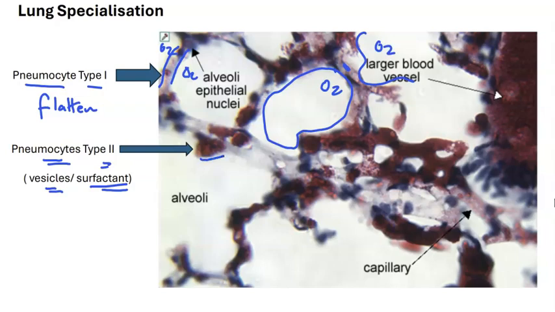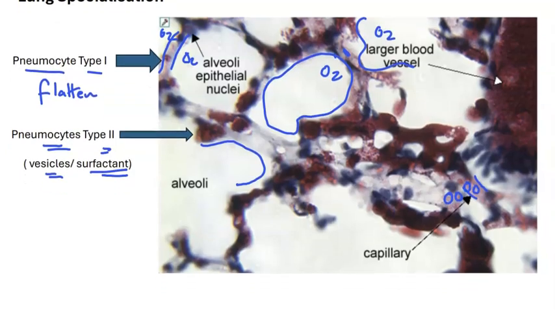There's also fluid in here which accelerates the diffusion of the gases as well. Notice how tiny the capillaries are, and if you look very carefully at this image, you'll see the tiny 5 to 7 micrometer structures of red blood cells as well.